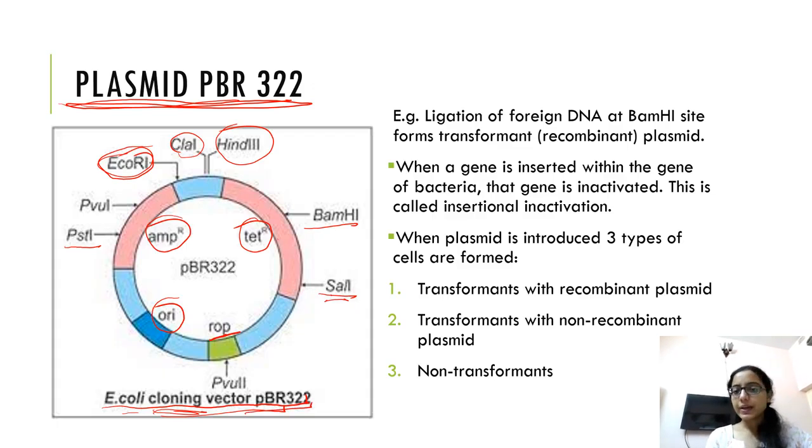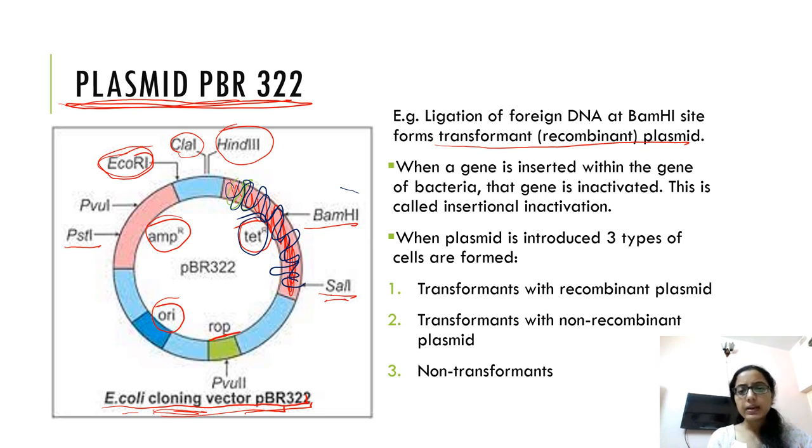For example, ligation of foreign DNA at the BamHI site forms a transformed plasmid. Now here, suppose we have removed this BamHI site and we have inserted our gene of interest here. That means we have removed the tetracycline resistance site and we have entered our gene of interest in this plasmid. Now when this gene is inserted within the gene of the bacteria, this gene is inactivated.